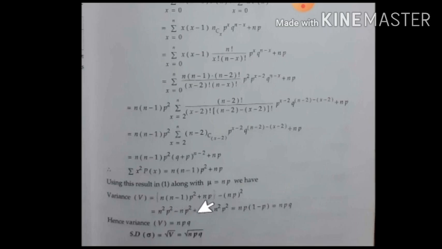From both terms you can take np common. So what is left out? The left out term of this is 1 and the left out term of this is minus p. And we know that q is always equal to 1 minus p. As I said earlier, p is the happening event, q is the non-happening event, which together is equal to 1.